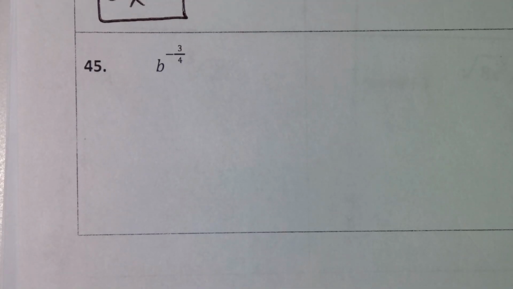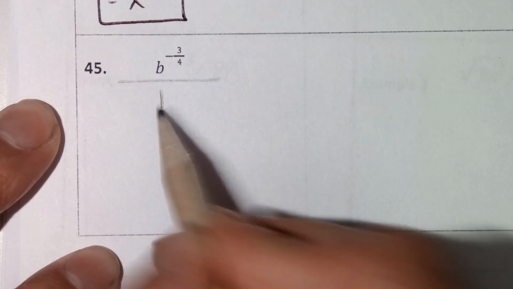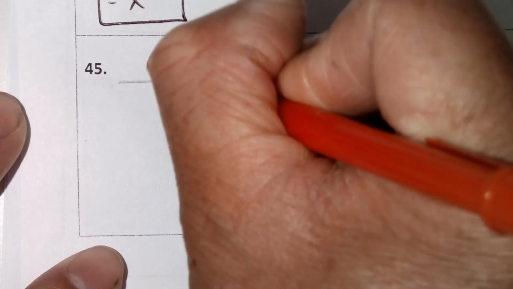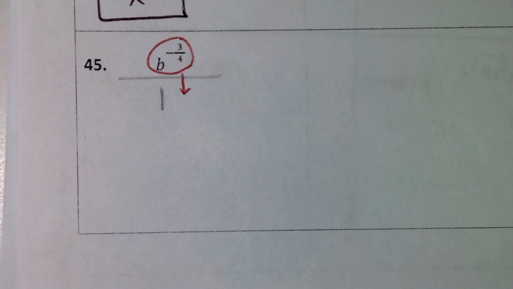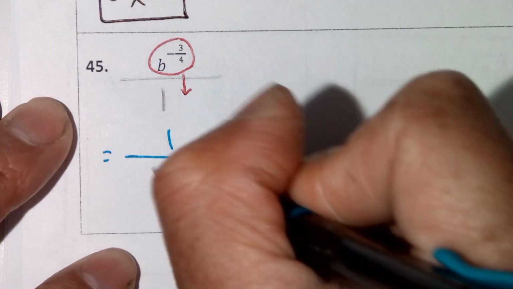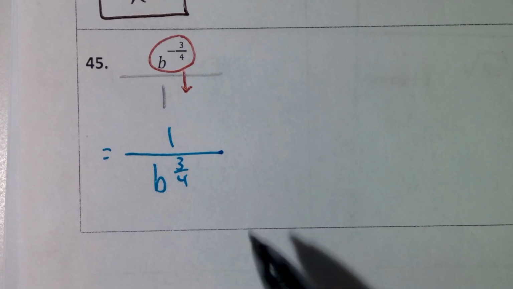Alright, question number 45. We should recognize that we have here a negative. So automatically you should put it over 1. That's going to go downstairs. And I get 1 over b to the 3/4.